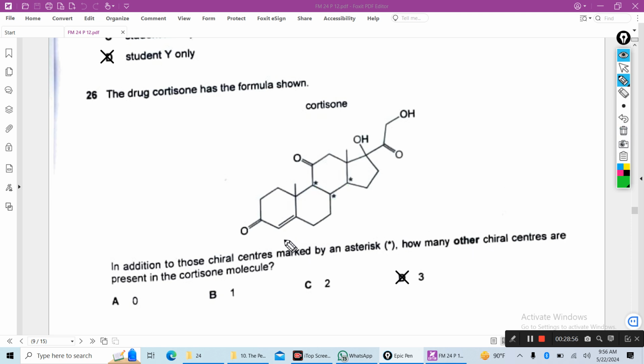Where you can see chiral centers 1, 2 and 3. So the answer will be D. Other 3 chiral centers.